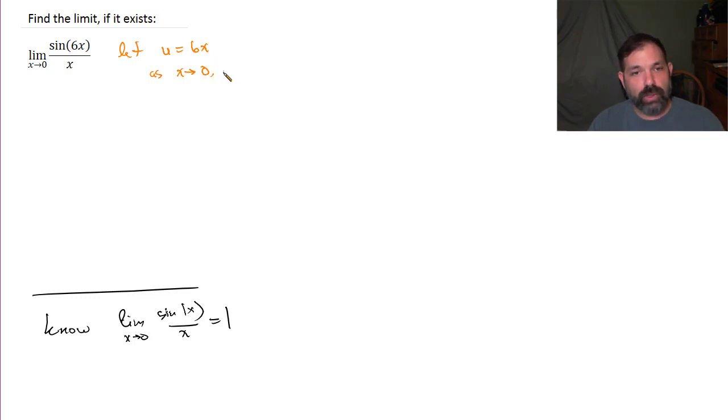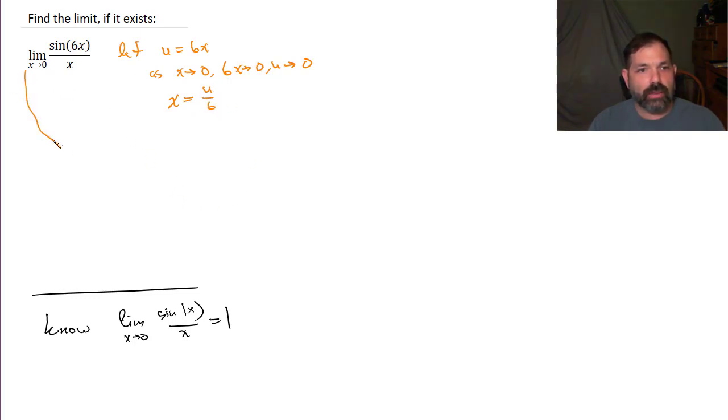Well, 6x would approach 0. And so that means u is approaching 0. And if u equals 6x, then dividing both sides of the equation by 6, x is u over 6.